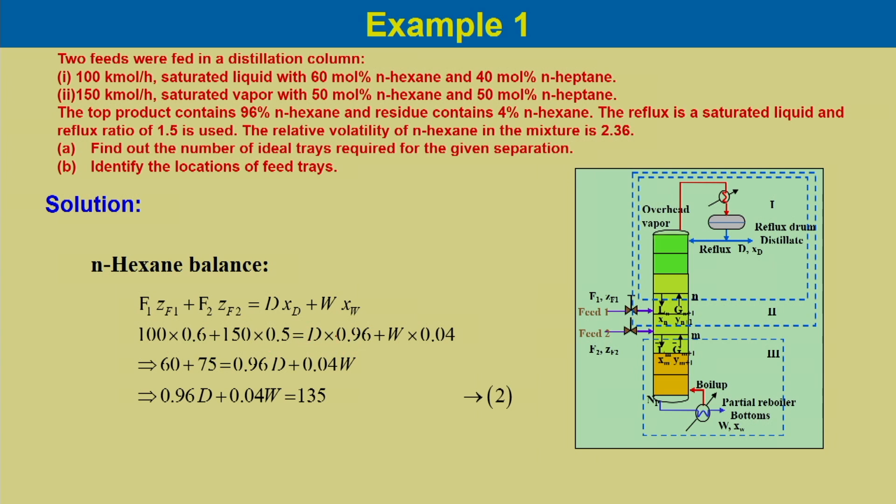For the distillate we have 0.96, that is 96% n-hexane, and 0.04, that is 4% n-hexane in the bottoms. So we have two equations, equation 1 and equation 2, relating distillate and bottoms, and we can calculate the distillate flow rate and the bottoms flow rate.